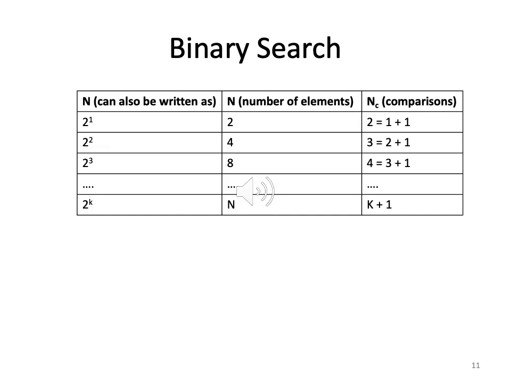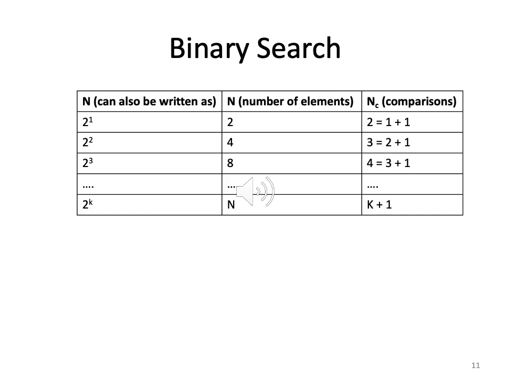So I hope this table is clear. All we're doing is seeing the value of n and the number of comparisons, and we see a correlation between the power of 2 when we write n, that exponent, and the number of comparisons, the x part of x plus 1.